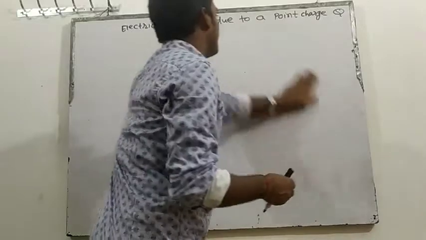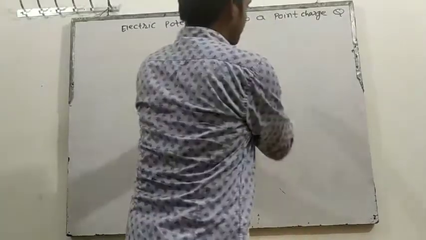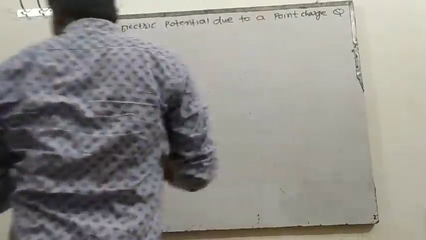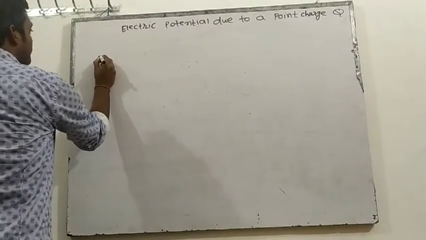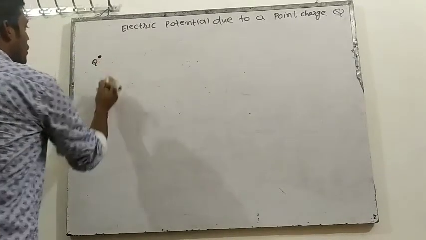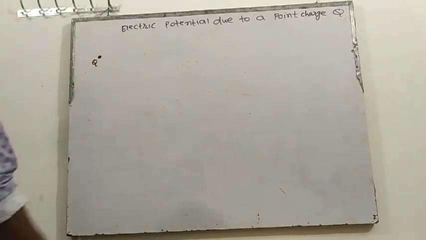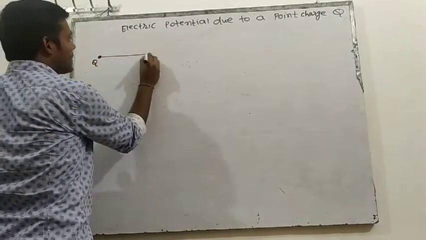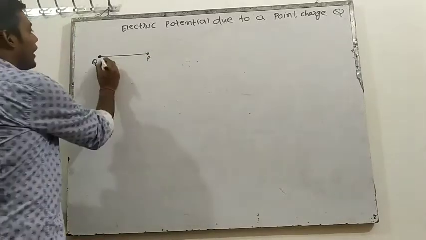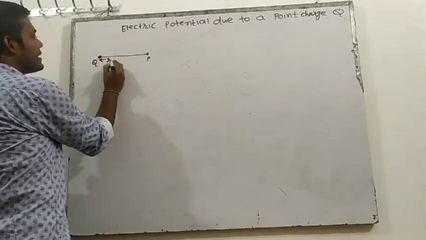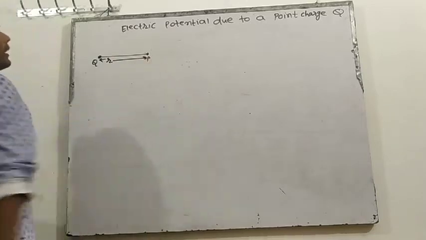Okay, see this thing. First I will take any source charge Q. Let's say I am taking a point P, and this point P is kept at a distance r from the source charge.